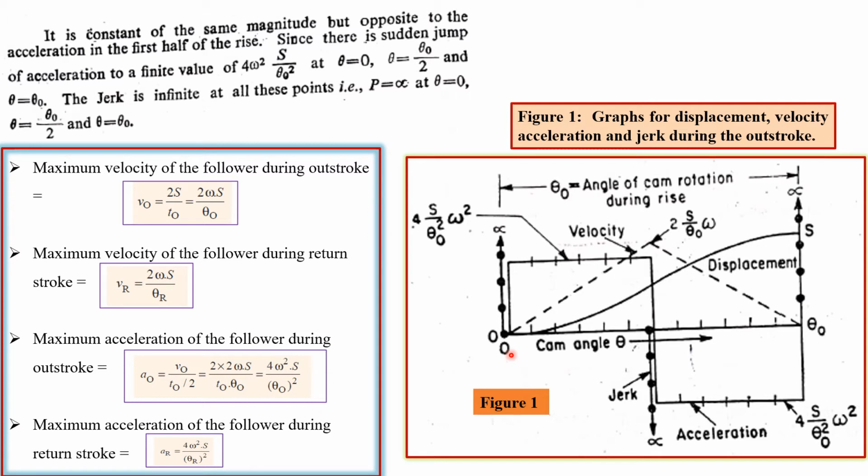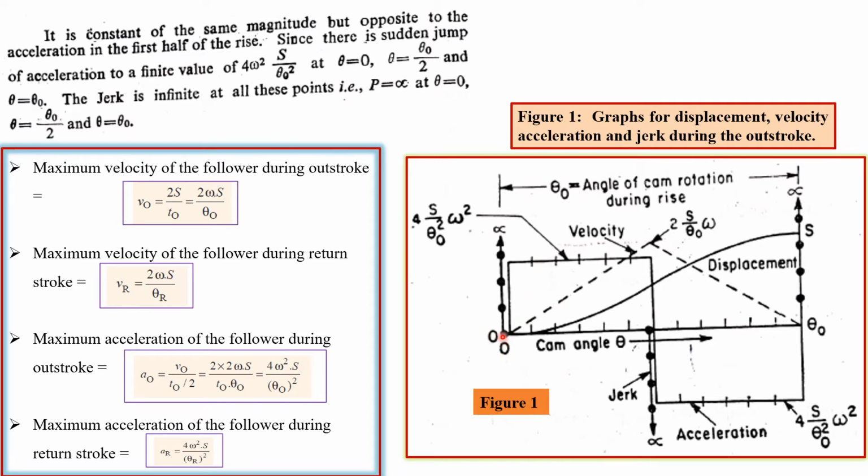Here we are assuming that the cam undergoes a rotation equal to its outstroke angle. So along this abscissa or x-axis, we have the cam angle measured in radians, and its value is equal to theta naught. So for the outstroke angle rotated by the cam, we are going to plot the variation of the displacement, velocity, acceleration and jerk.